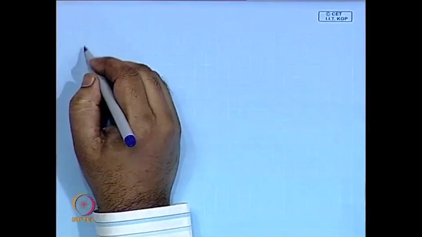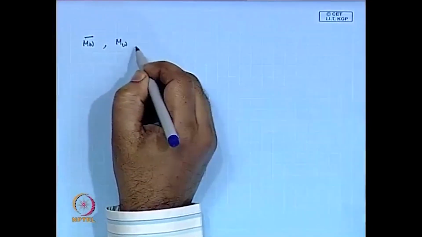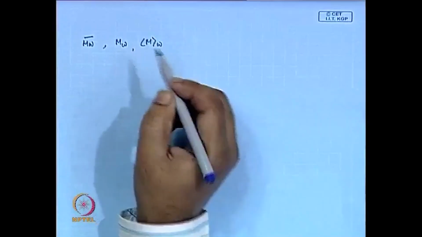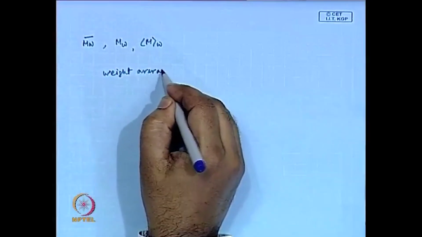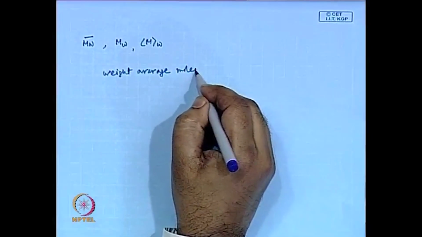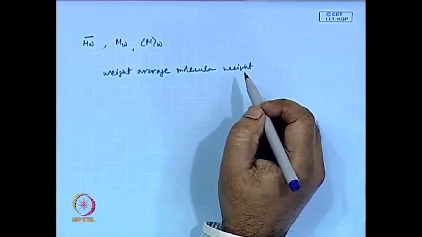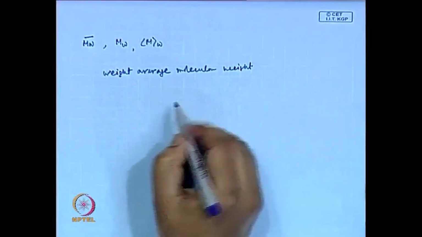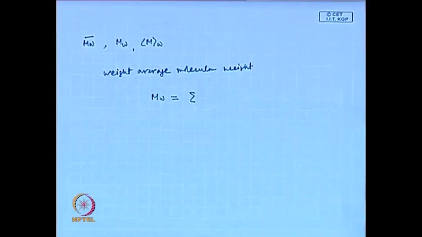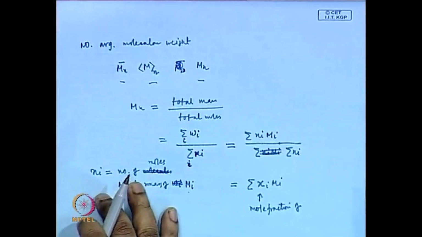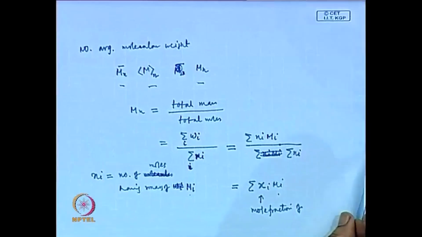We define the second molecular weight, which is Mw bar or Mw, the weight average molecular weight, which is defined as follows. In the last case we had the mole fraction multiplied by the molecular weight of individual fractions.